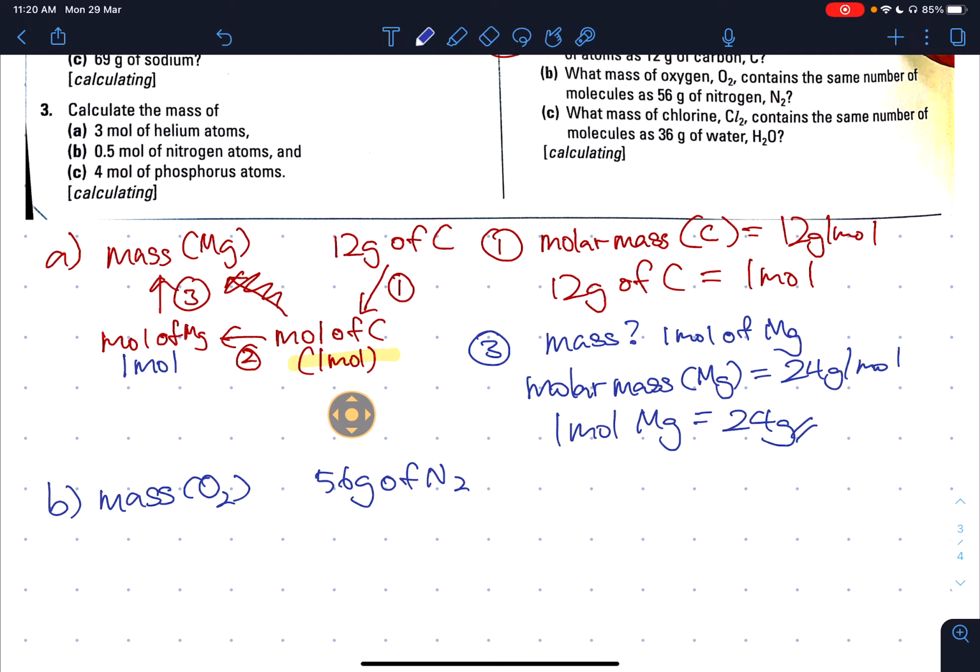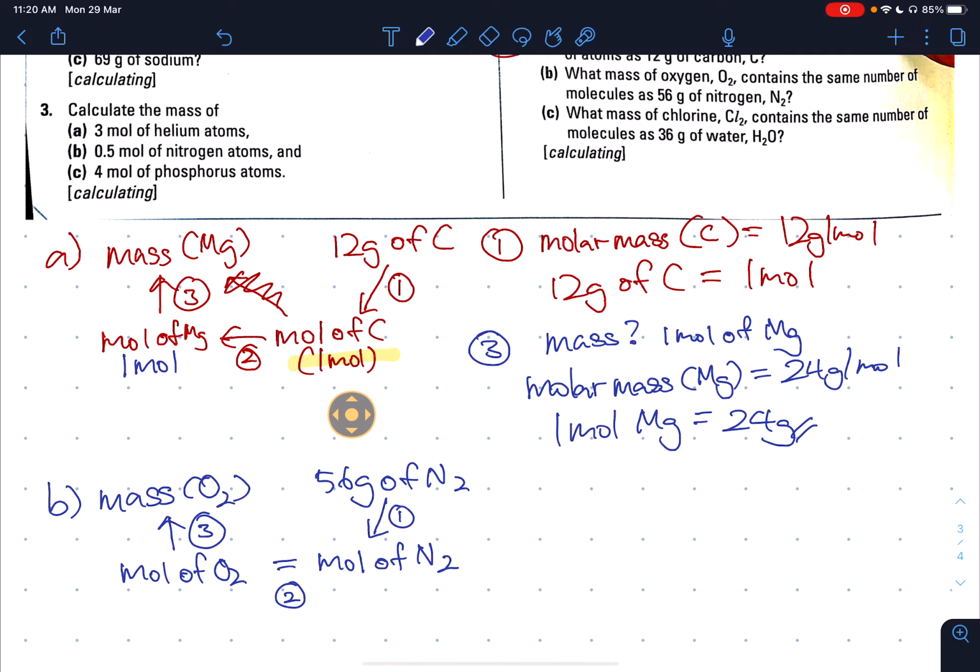So the same thing: from 56 grams of nitrogen, I need to find first the number of moles of nitrogen, and then they said it's the same as the number of moles of oxygen. That's what the question said. And then from the moles of oxygen, I need to go back up to the mass of oxygen. So this is step 1, this is step 2, then this is step 3.